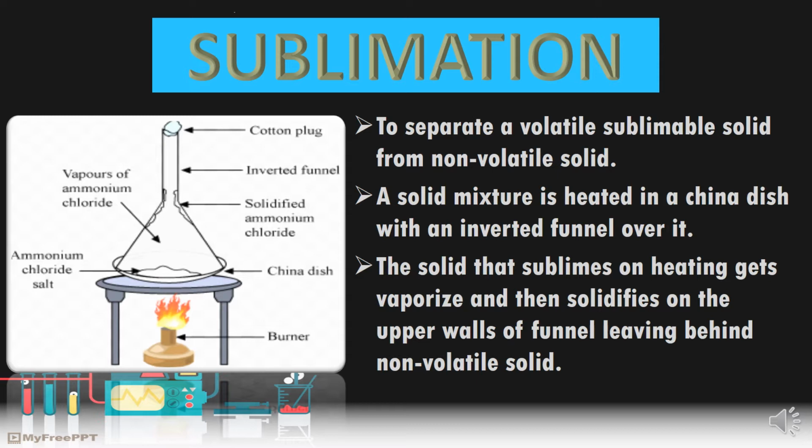When the vapors of ammonium chloride reach the walls of the funnel, where the temperature is lower, they get deposited there in the form of solid ammonium chloride. So in this way, two solid substances can be separated from their mixture if one is sublimable and the other is not.